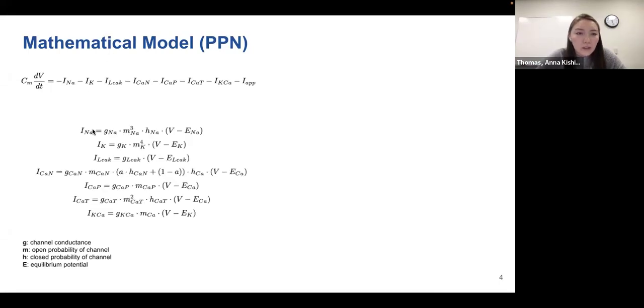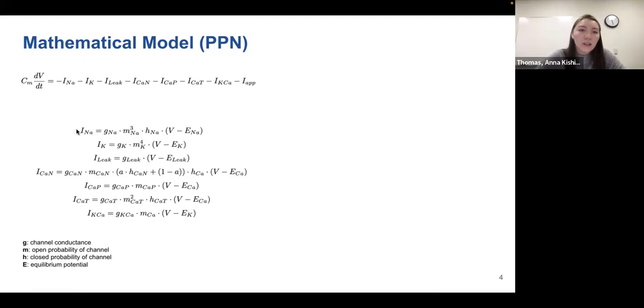So the sodium, potassium, and leak channel have the same formulations as before with some probability of activation, and this power depends on how many processes are involved in, for example, opening a channel or closing a channel. And then some of the interesting things about these three different types of calcium channels that we have included here are that some of them are not just voltage dependent.